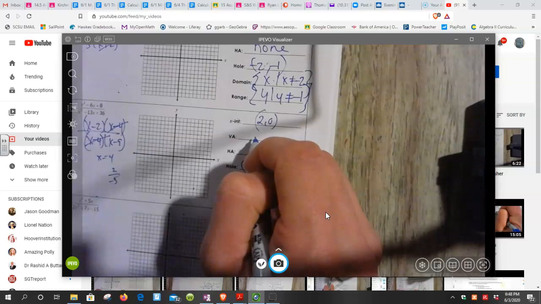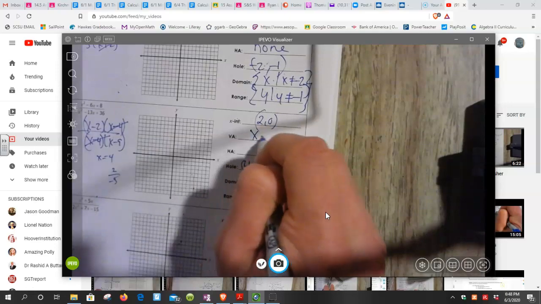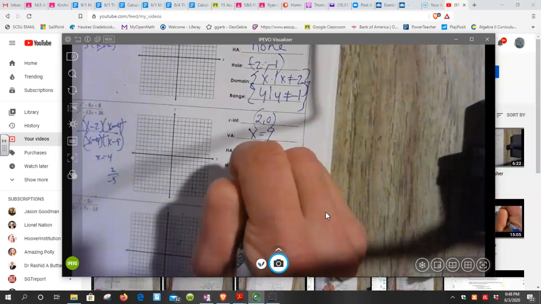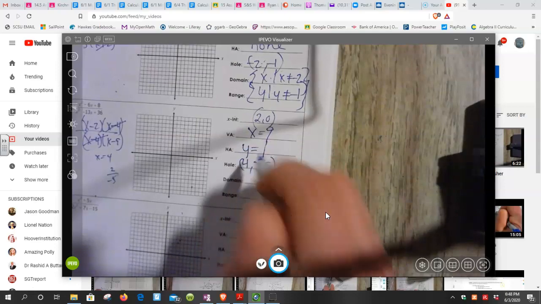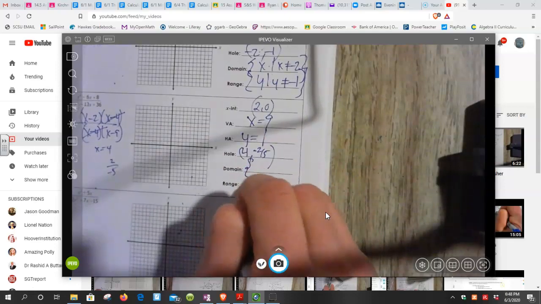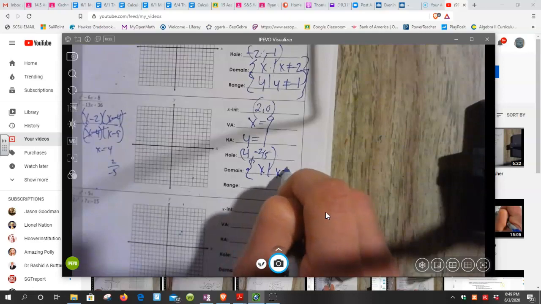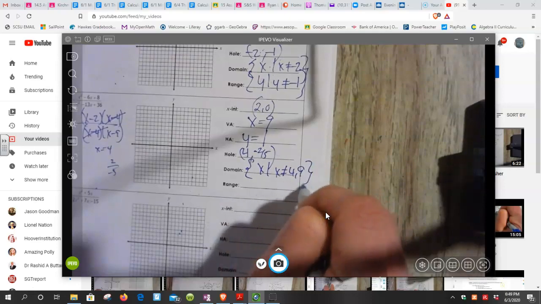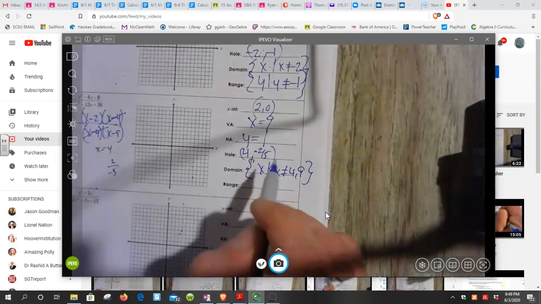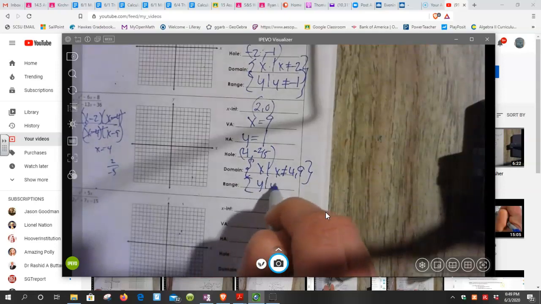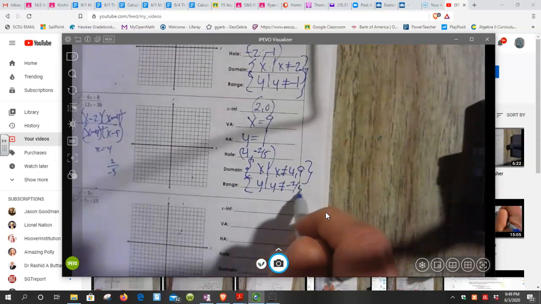The vertical asymptote, where the denominator equals 0, is going to be x equals 9. Horizontal asymptote, y equals 1. Domain, x such that x does not equal 4 or 9. Okay, and the range y such that y does not equal -2/5 or 1.